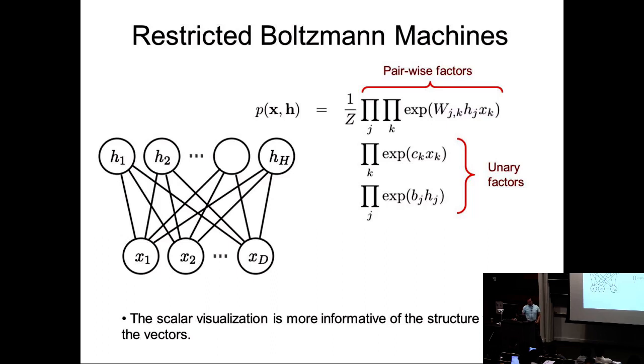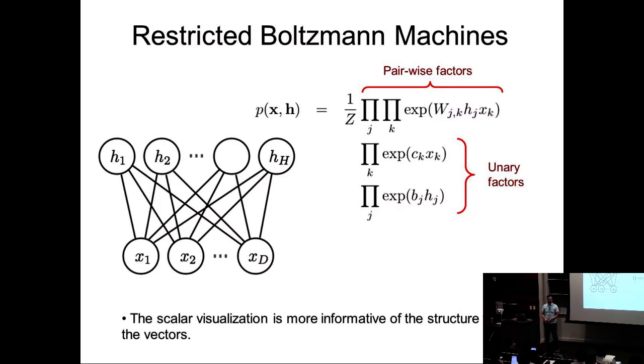So now, if I look specifically at the restricted Boltzmann machine, right? Here's one particular example, just to make it very clear. x1 up to xd are your Bernoulli observed variables, 0, 1s. H are your hidden variables. So I can write down the joint probability as the product of these factors, right? It's a product of all pairwise factors and all unary factors. For example, for your second homework, you're going to be training this particular model.